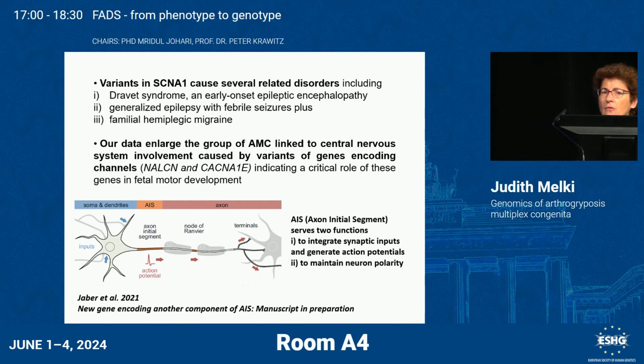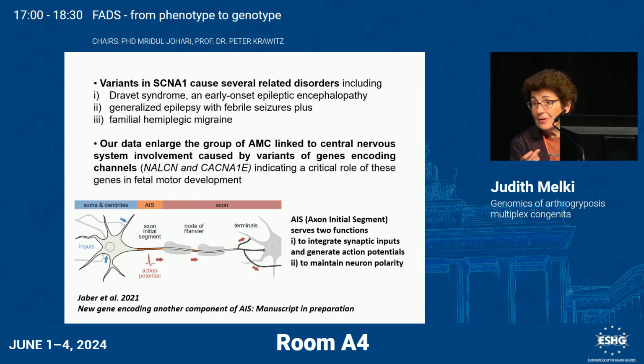So that means that we have identified mutation in a gene which is also responsible for another type of phenotype. And so that means that depending maybe on a second genetic event, there is a different phenotype resulting from this mutation.